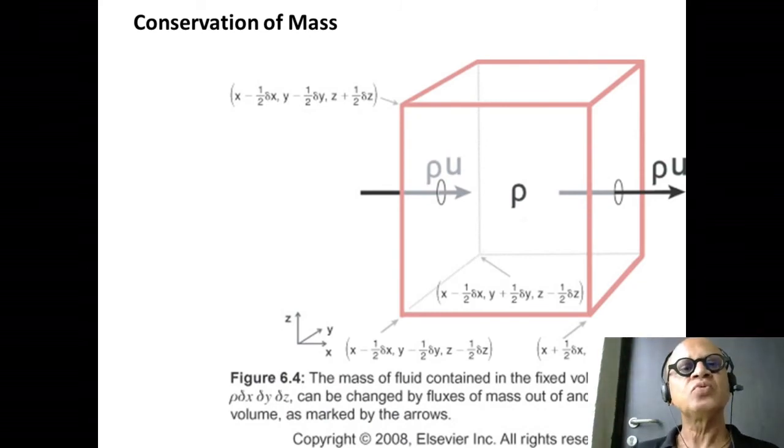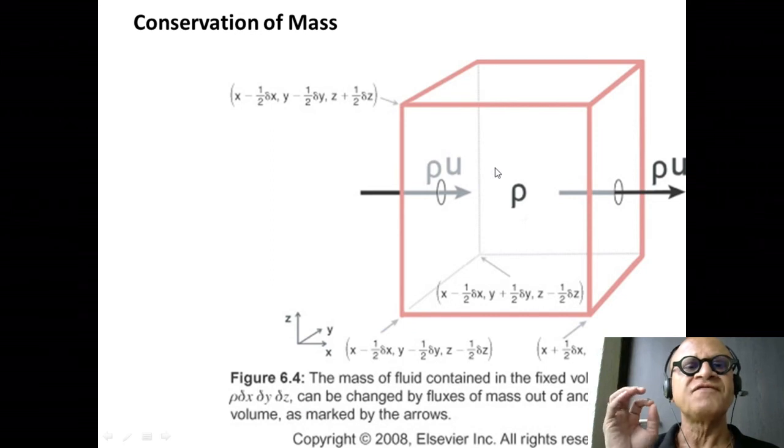So we will do a conservation of mass the same way we did the forces. So you have the same parcel here with the same corners. We're looking at rho at the center, right in the middle, and you have rho u coming in. Since this is an arbitrarily small parcel, we are not showing the change in u here, but we will write soon the differences in this flux and this flux.